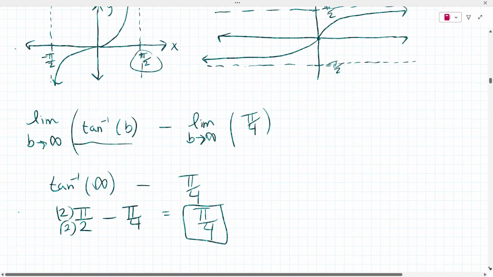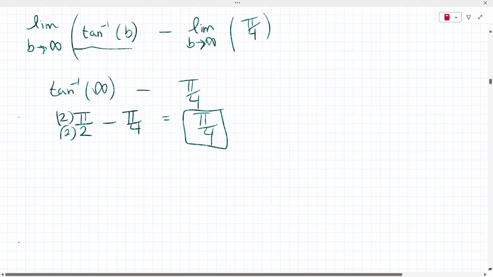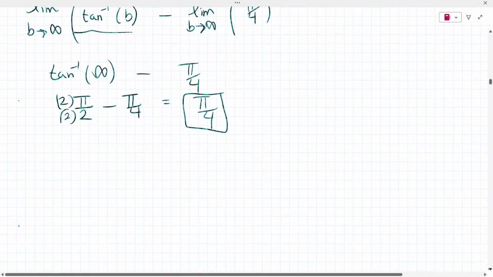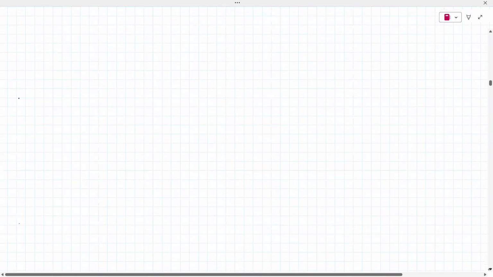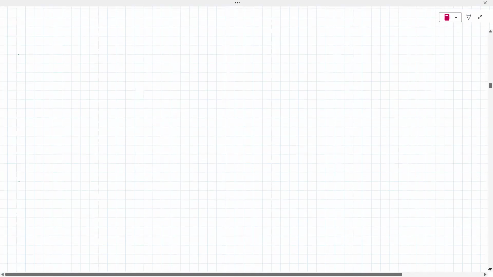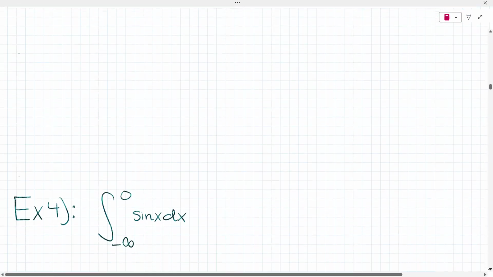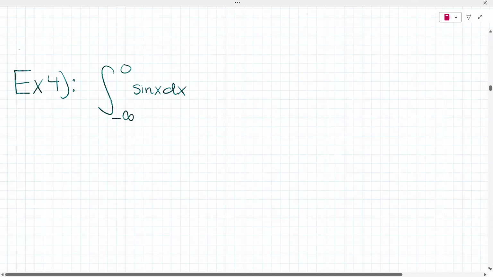Let's move on to example 4. Example 4, we have the integral from negative infinity to 0 of sine of x dx.